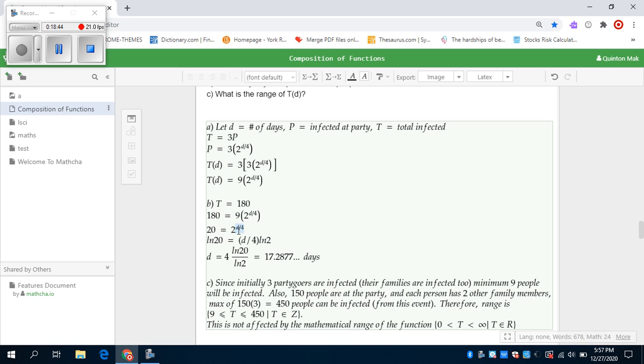And you can use any logarithm, but I just use natural logarithm. And then we solve for D. It's around 17.2877 days.